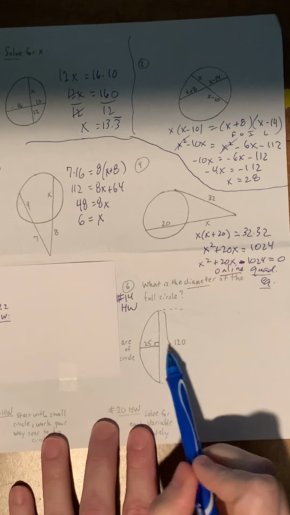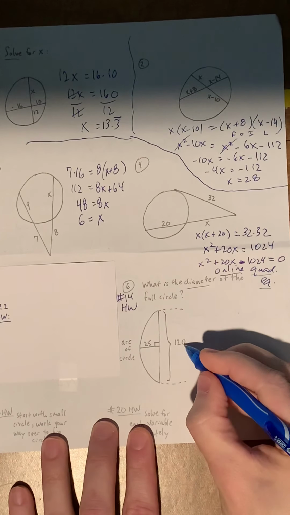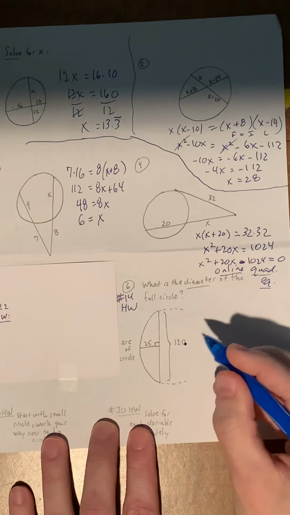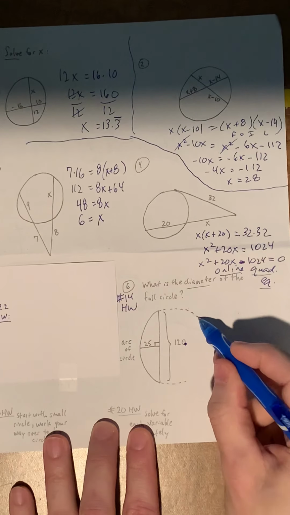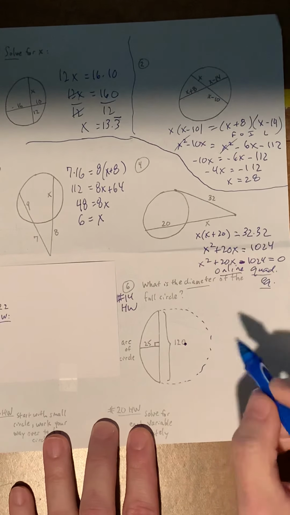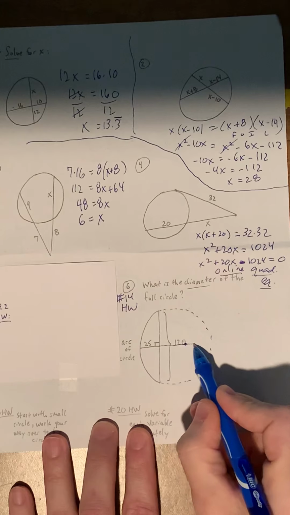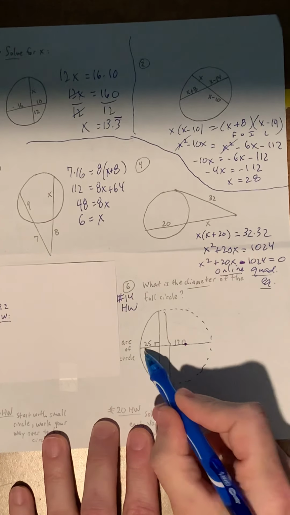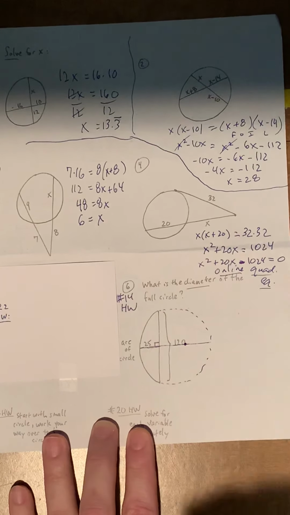Now, this is coming out of the center. So the center of the circle is somewhere over here. If you go ahead and finish up the whole circle, if we draw the entire diameter going through the center, just this piece is 25.